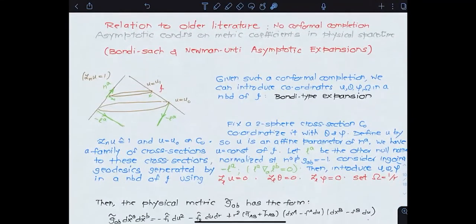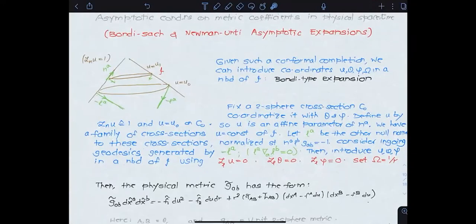Okay, and now what I would like to do is to just tell you very quickly a relation to the older literature. In the older literature by Bondi and Sachs, and then also by Newman and his collaborators, they did not really use a conformal completion. They give you coordinate expansions, which to begin with look a little bit complicated.